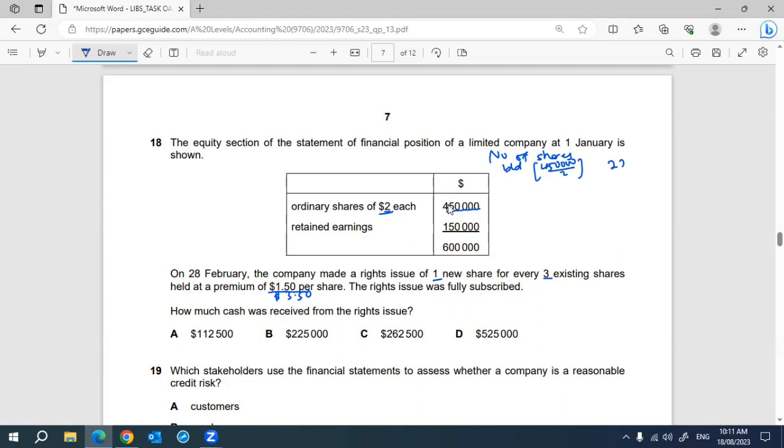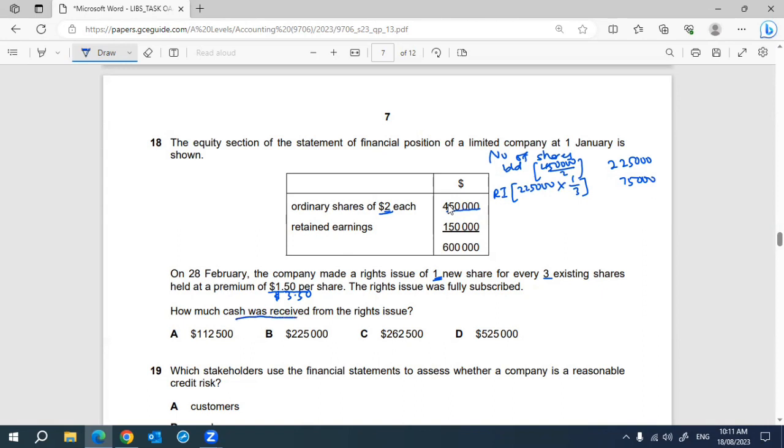So therefore, there are 225,000 shares. Now, the rights issue would be the number of shares multiplied by, as mentioned, 1 for 3. So multiply by 1 over 3. So that would be 75,000 units issued out.